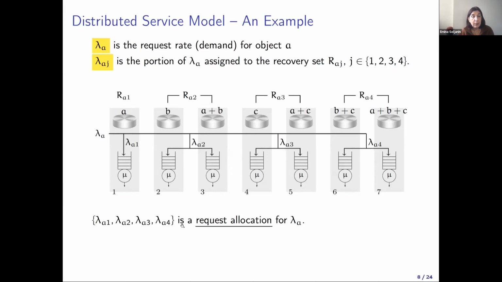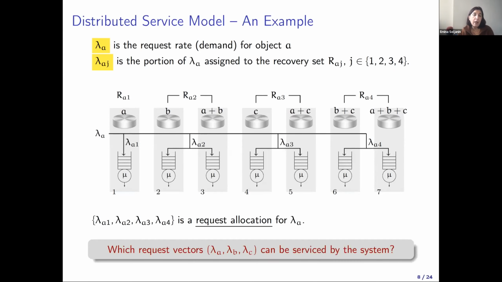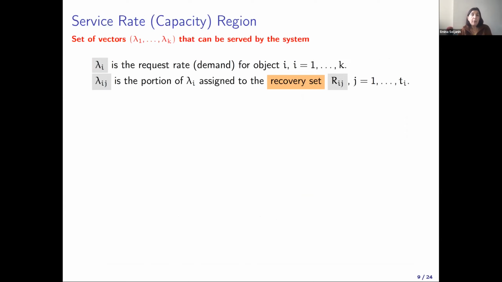This splitting we are going to call request allocation for lambda A. Which request vectors lambda A, lambda B, lambda C can be serviced by a system is what we want to find out. If you're thinking in terms of a queuing model, this would be the question of what is the stability region for this very complex queuing system. This is an optimization problem in general.